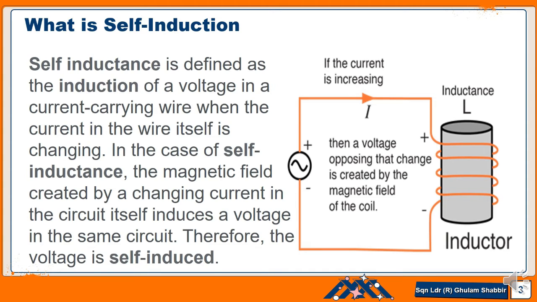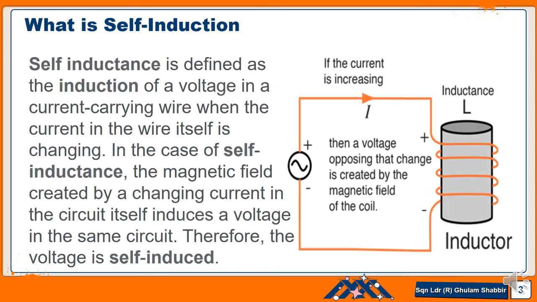We have already discussed that when there is a change of magnetic flux in a coil, it induces an EMF and current into that coil. So if we have a single coil, like in this example, and we are passing current in this coil, the current is alternating current, which is changing at every instant.